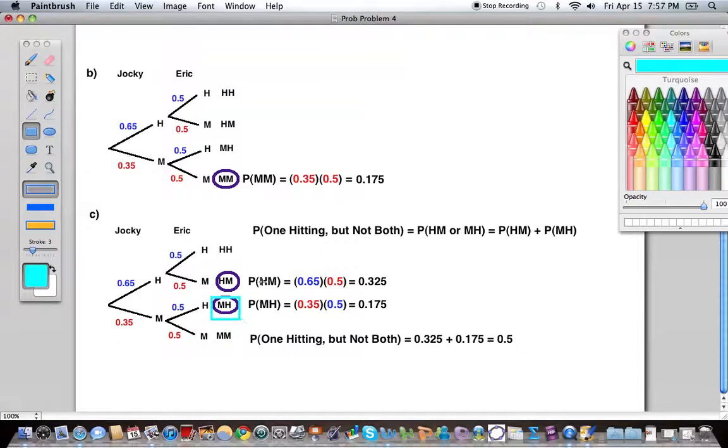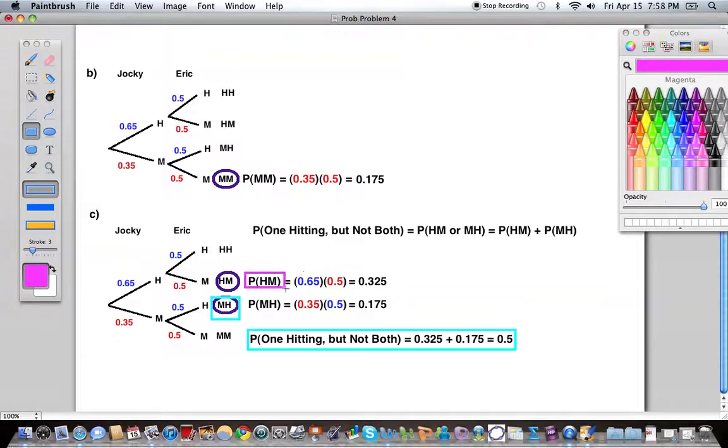So we say the probability of a hit and a miss, multiply those down the branches, we find our probability, the probability of a miss and a hit, multiply again down the branches. Then what do we do? Well, we have 2 events that fulfill what we're looking for, so we add them together. As you can see, we'll color code this so it makes it a little easier.